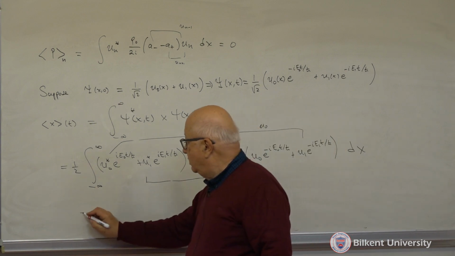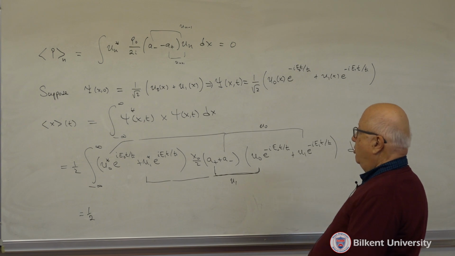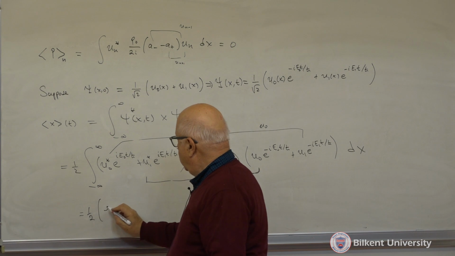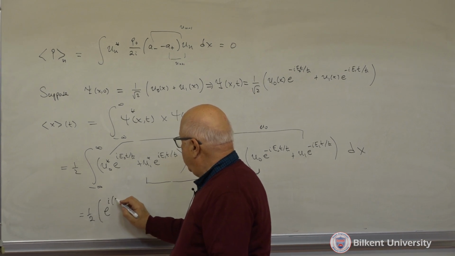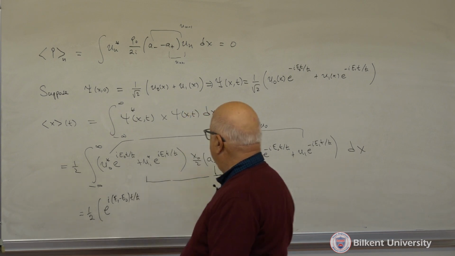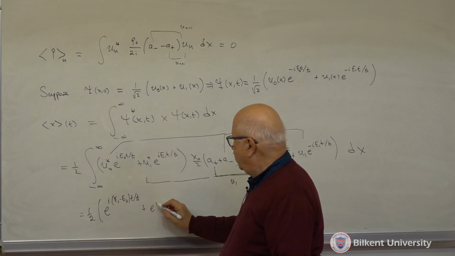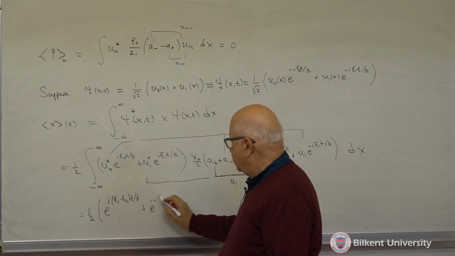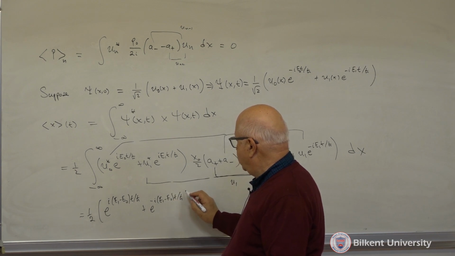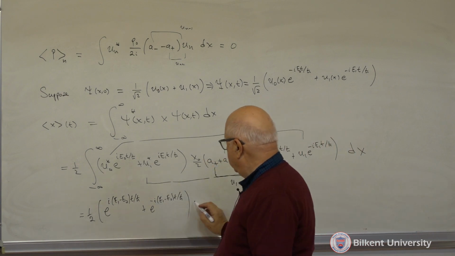So I get 1 over 2, the integrals are 1, so I get from this e to the i (e1 minus e0) t over h bar, and from the other one, again plus sign, e to the minus i (e1 minus e0) t over h bar, times the multiplier x0 over 2.